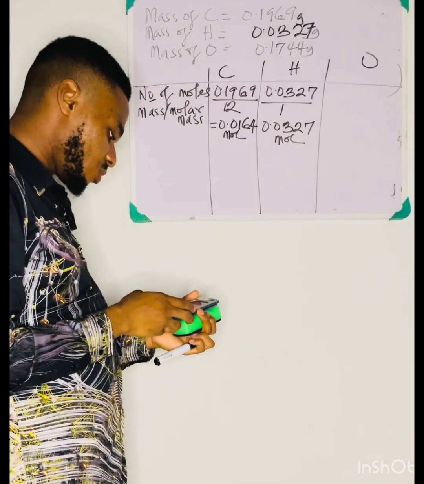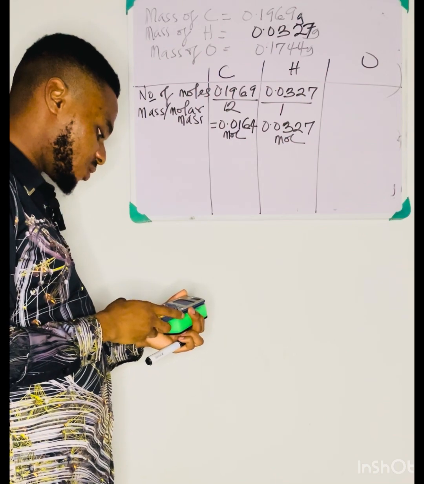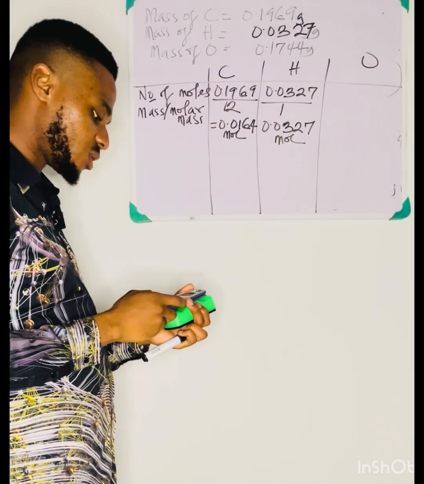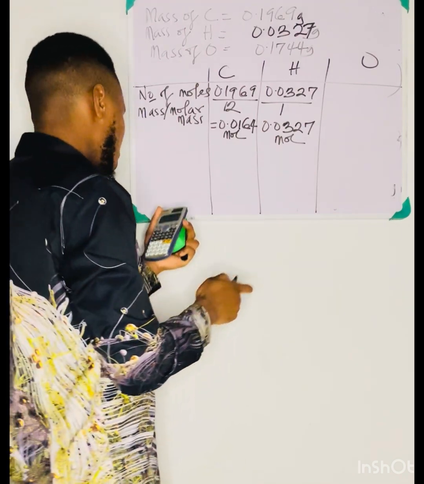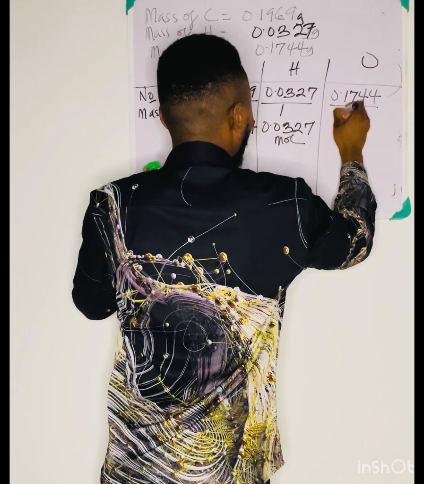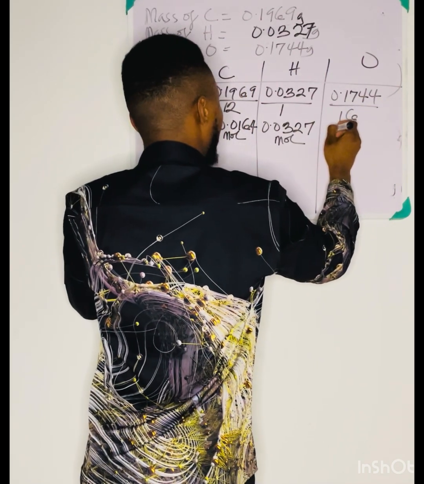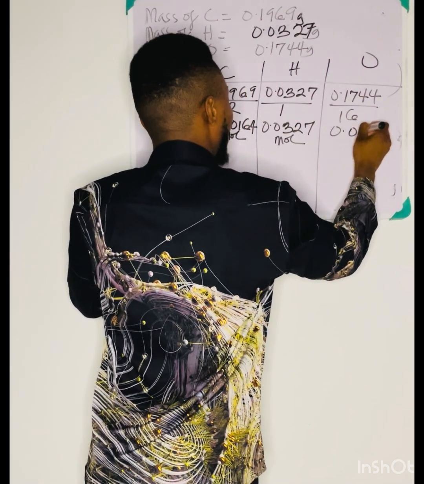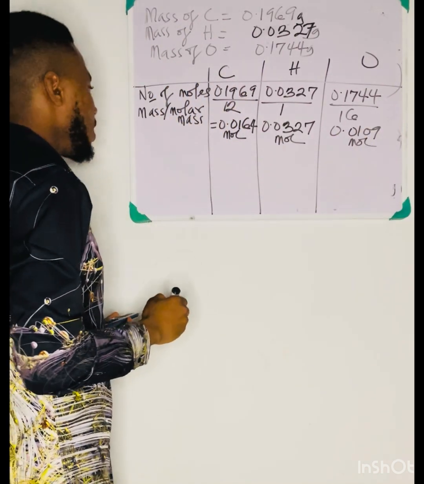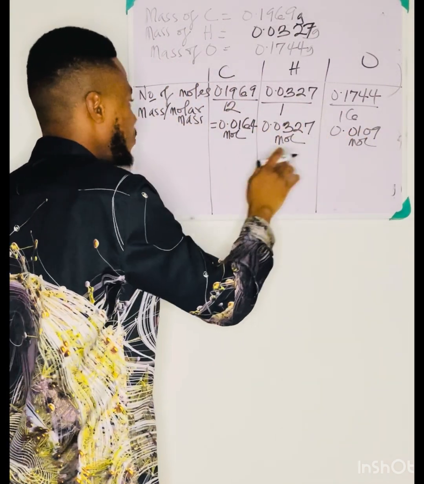Then oxygen gave us a mass of 0.1744. When we divide it by the molar mass of oxygen, which is 16, we have 0.1744 divided by 16. This will give us 0.0109 mole.